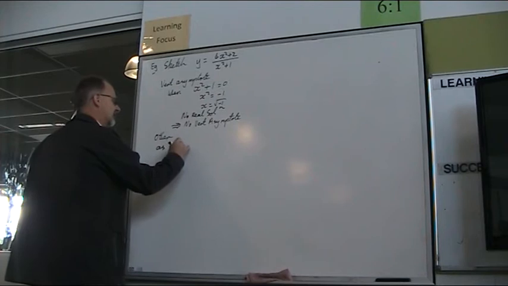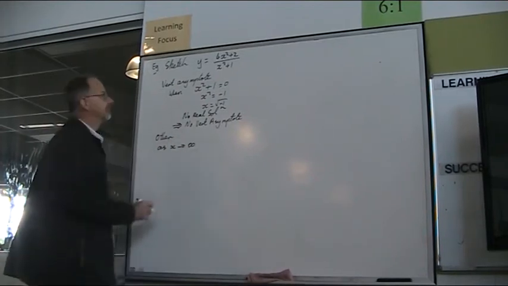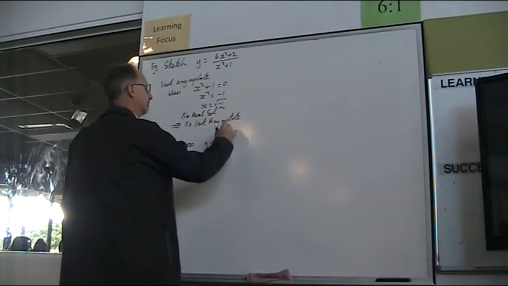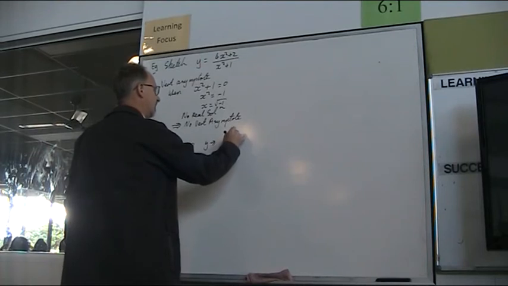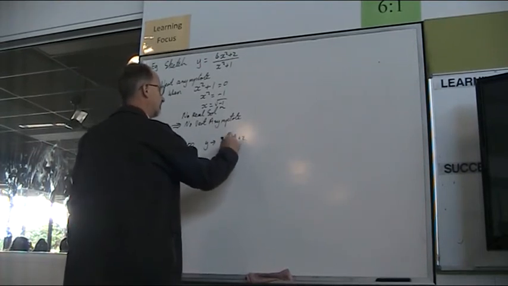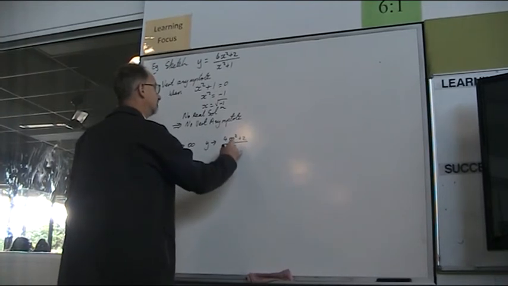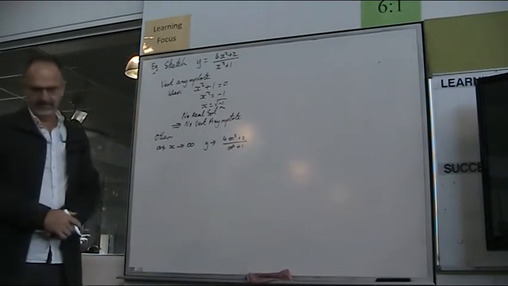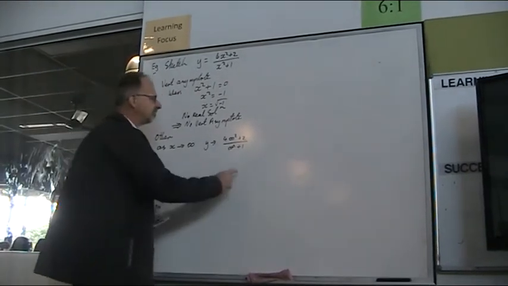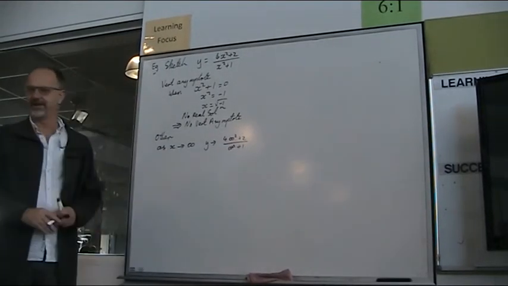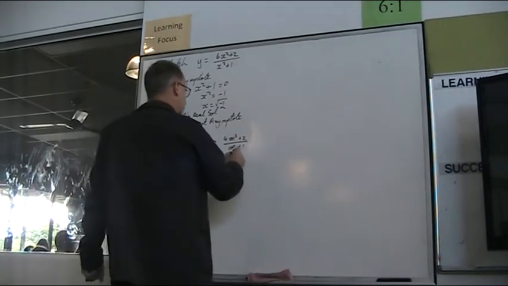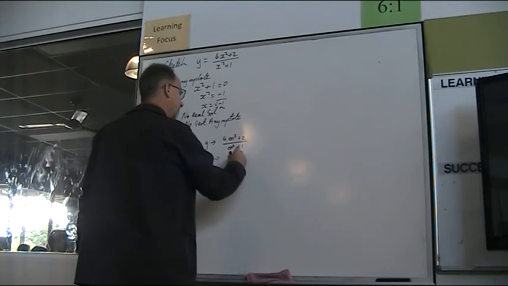So as x goes towards infinity, y is going to go towards 4 lots of infinity squared plus 2 over infinity squared plus 1. Now, the plus 1 and the plus 2 on the end is insignificant. All right, so it's actually going towards 4 lots of infinity squared over infinity squared.